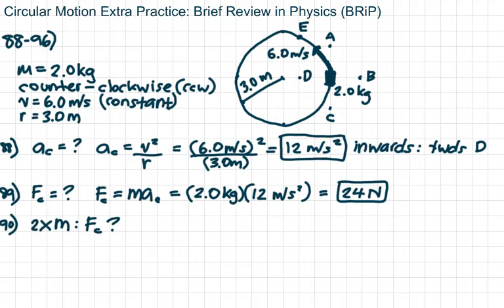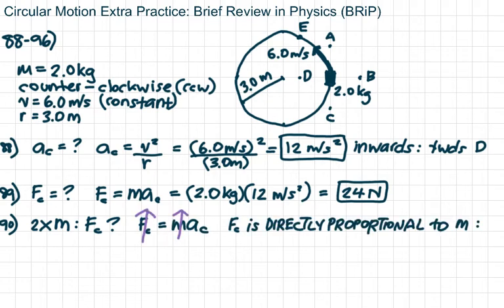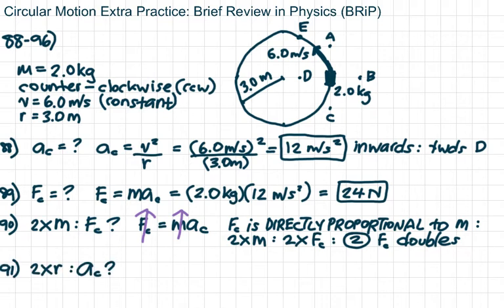Well, let's look at the formula for centripetal force. Fc equals m ac. You can see that centripetal force is directly proportional to the mass, so that gives us choice 2. Centripetal force doubles if mass doubles. 91 says if you double the radius, what happens to the centripetal force? Let's take a look at the formula for centripetal acceleration.